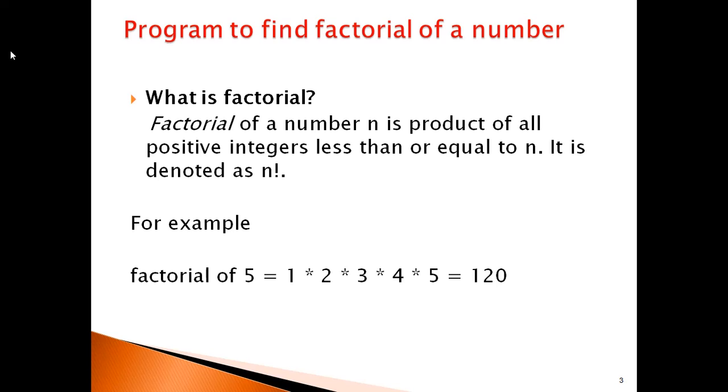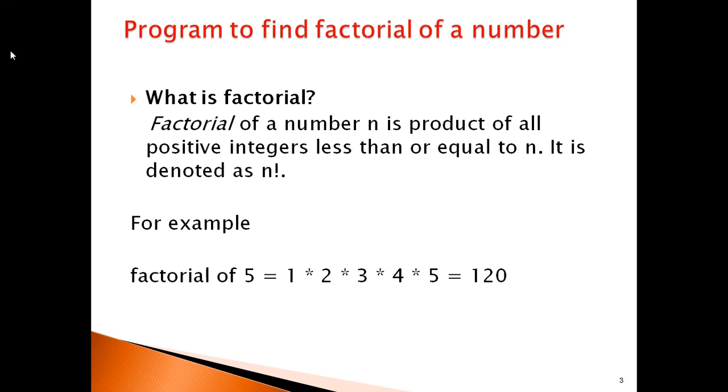The product of all these numbers is called the factorial. In this example, 5 factorial is calculated by multiplying 1, 2, 3, 4, 5. We will get 120.